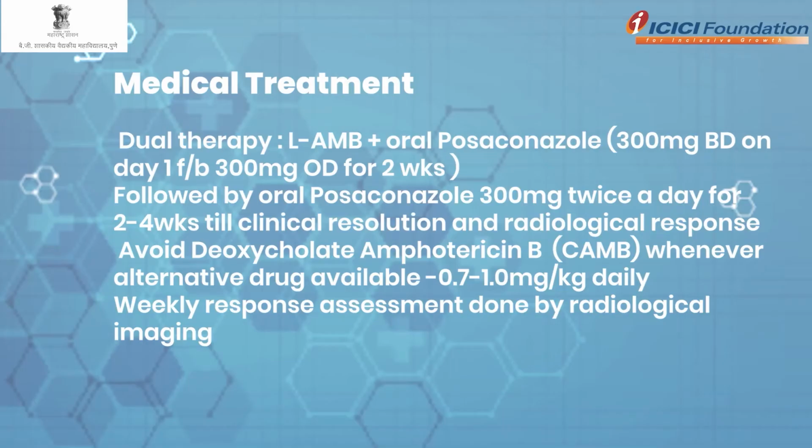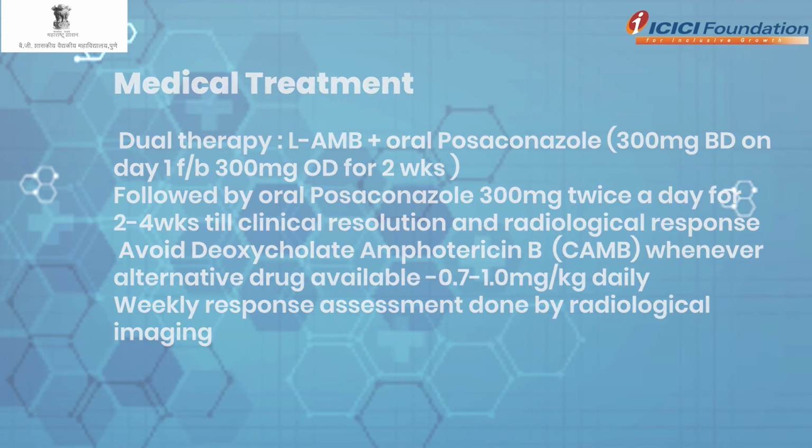Then dual therapy can be started with liposomal amphotericin B and oral posaconazole. The oral posaconazole can be given 300 mg BD on day 1 followed by 300 mg OD for the next 2 weeks, followed by oral posaconazole 300 mg twice a day for 2 to 4 weeks till clinical resolution and radiological stabilization.